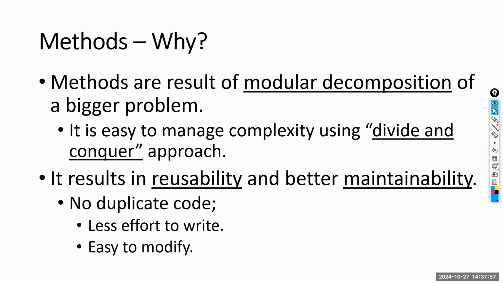Then when you put it together, you have solved the big problem. So it effectively helps you concentrate on one particular part of the problem. That is another advantage of using methods. Okay, so many advantages. Don't overuse it, but when you use it in a proper way, your code is much more readable and maintainable.